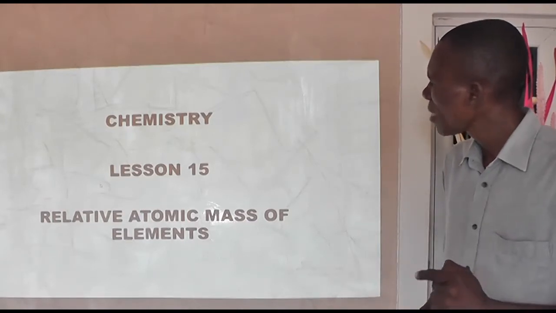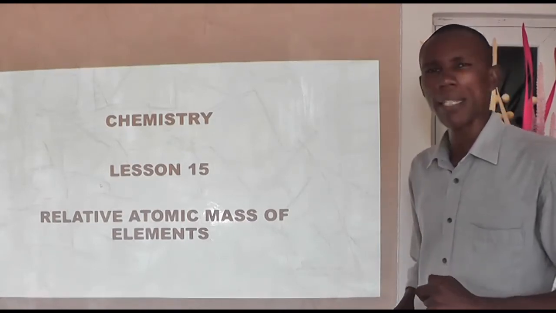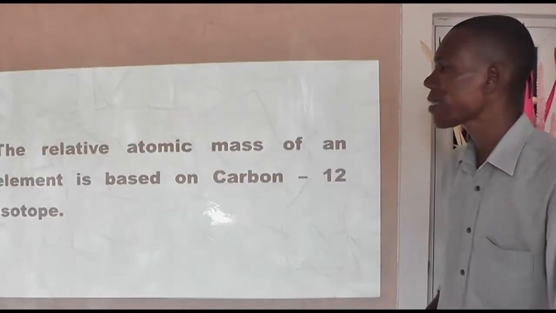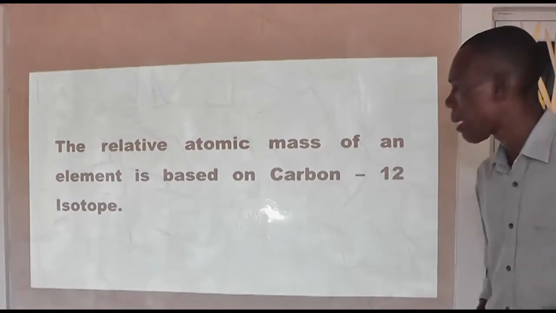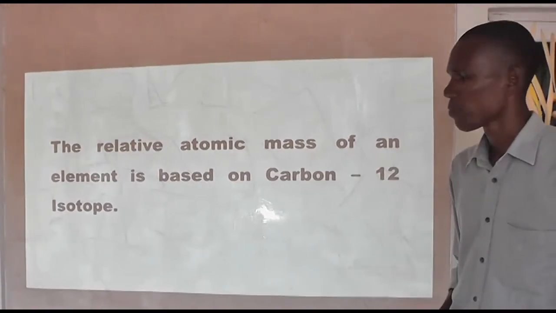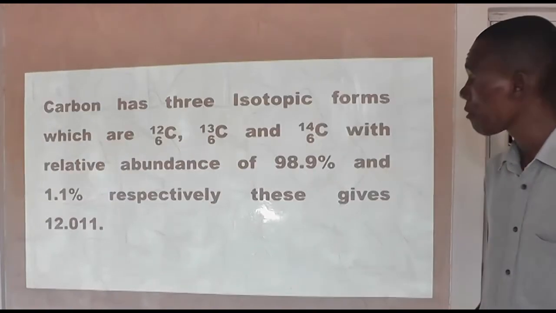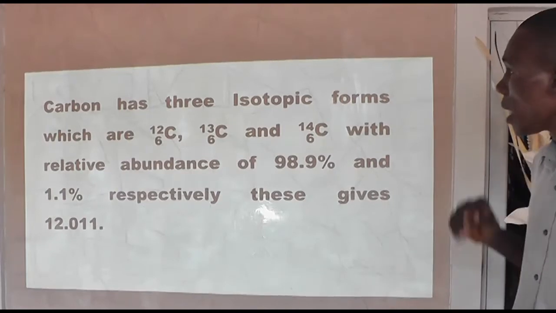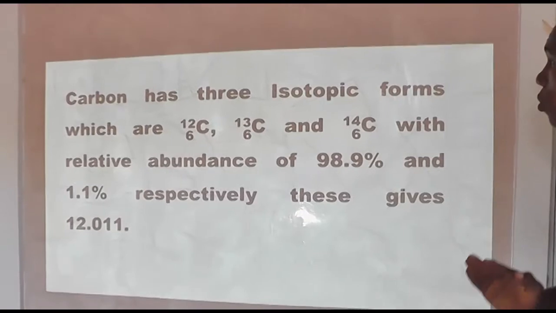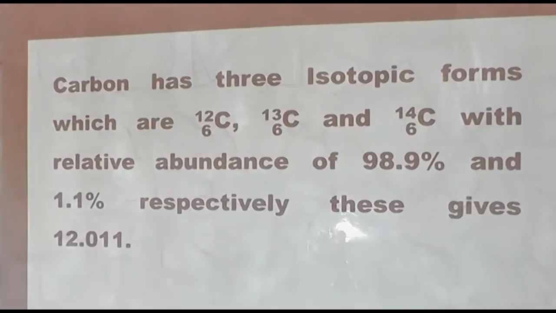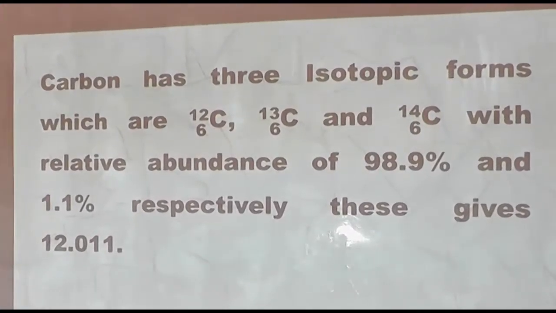Now we want to look at the relative atomic masses of elements. The relative atomic mass of an element is based on the carbon-12 isotope. Remember in that class we discussed the three isotopic forms of carbon: carbon-12, carbon-13, and carbon-14.